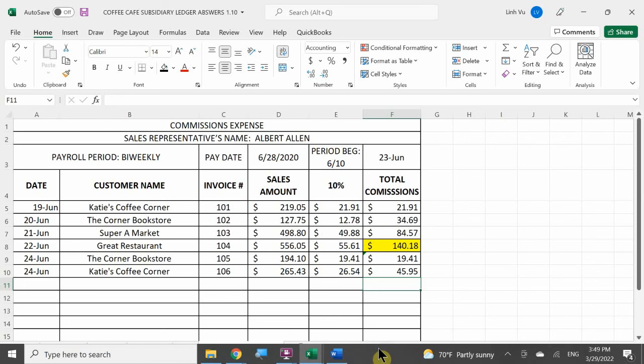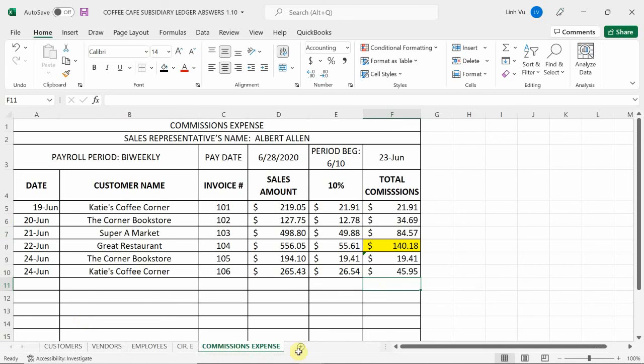What is next? Inventory. Yep, we have to do our inventory.